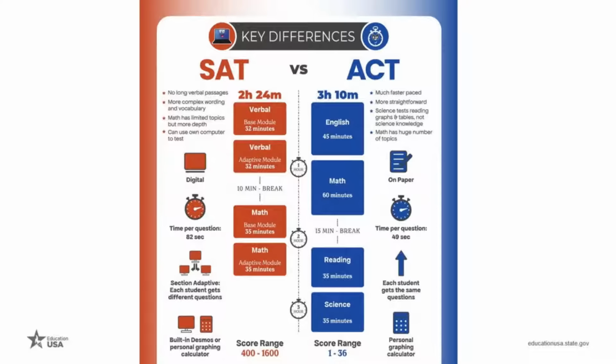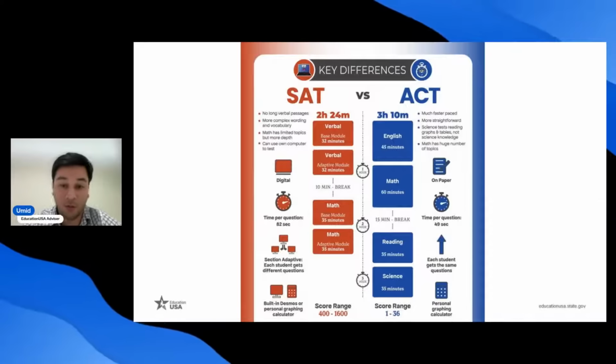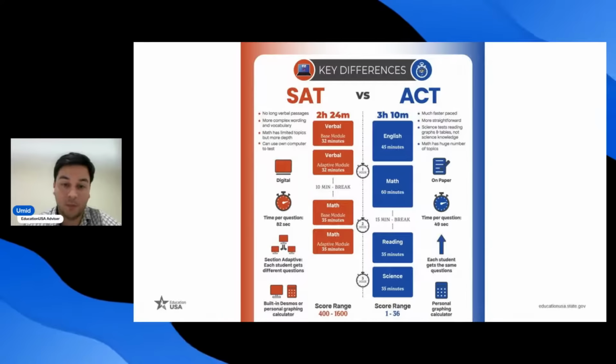For SAT, you have a built-in Desmos or a personal graphing calculator, and for ACT, you can only use a personal graphing calculator. And the score ranges also differ. The maximum score you can get at SAT is 1,600, and the minimum is 400. For ACT, the lowest score is 1 and the highest is 36.